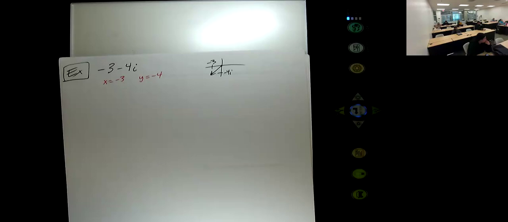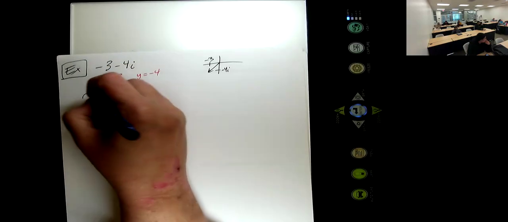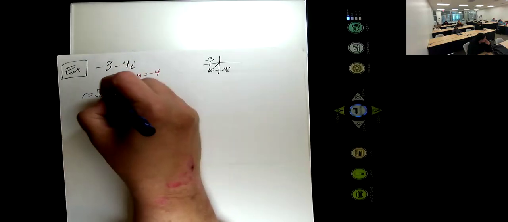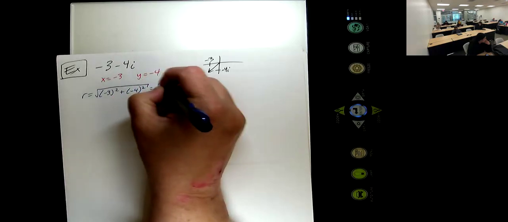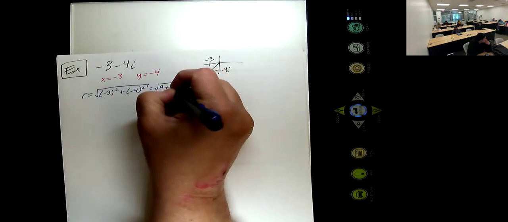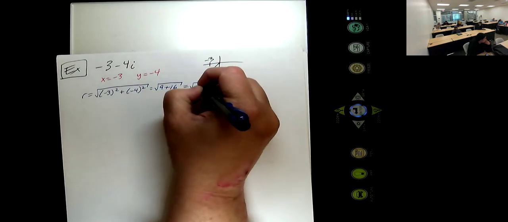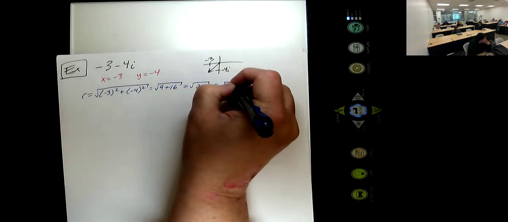So r is the square root of -3 squared plus -4 squared, which is 9 plus 16, 25, which is 5.